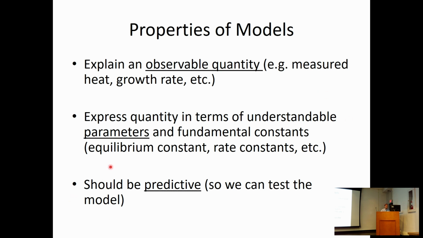The other thing that a model needs to be able to do is relate the data that we've observed to what we would generally call parameters, right? So in the case of a calibration curve, your parameter might be the extinction coefficient.